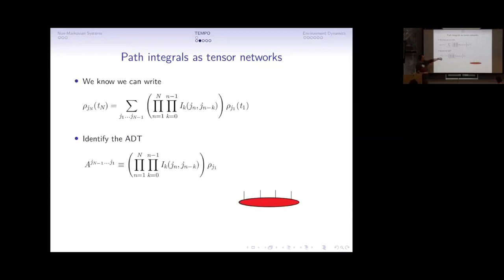So you can identify this object, which I'm going to call A, which is just multiply in the set of influence functionals which I need to get me to time point n. And that thing, before we do this sum to get down to just the reduced density matrix, has a set of n legs. So this is a tensor which has indices corresponding to each time point in the history which I propagated forward.